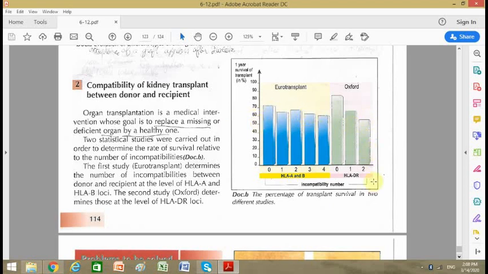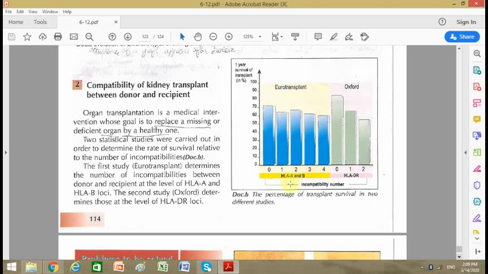As you see, the DR, which is the MHC class 2 gene, is very important and essential to be considered, and the compatibility should be full between the donor and the recipient in order to have a successful graft.